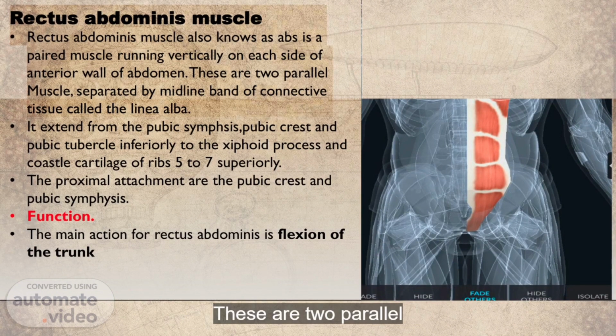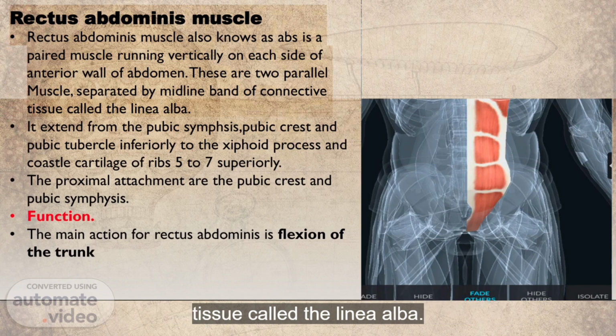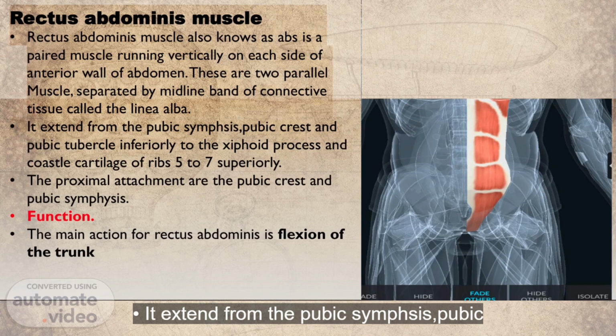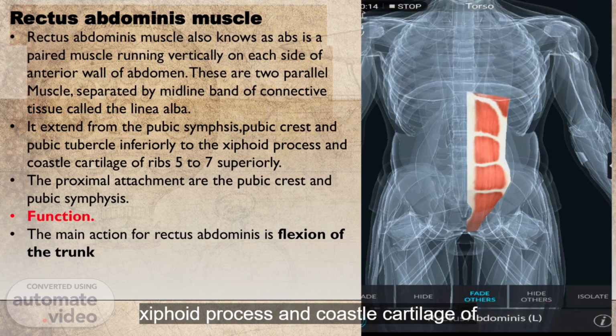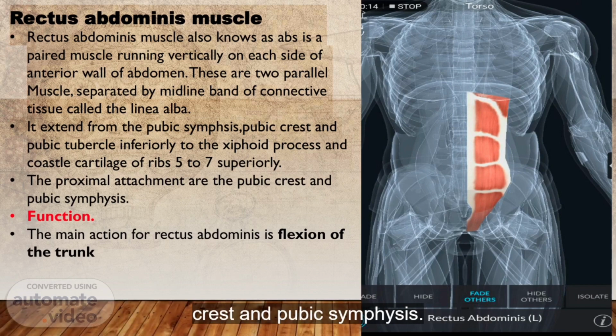These are 2 parallel muscles, separated by a midline band of connective tissue called the linea alba. It extends from the pubic symphysis, pubic crest and pubic tubercle inferiorly to the xiphoid process and costal cartilage of ribs 5 to 7 superiorly. The proximal attachments are the pubic crest and pubic symphysis.